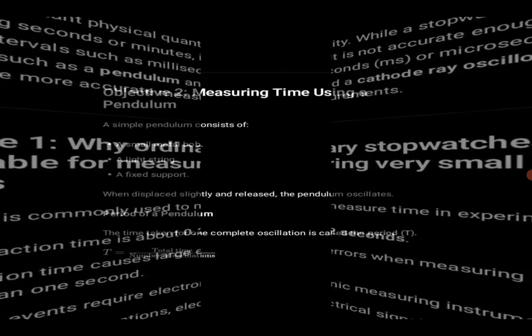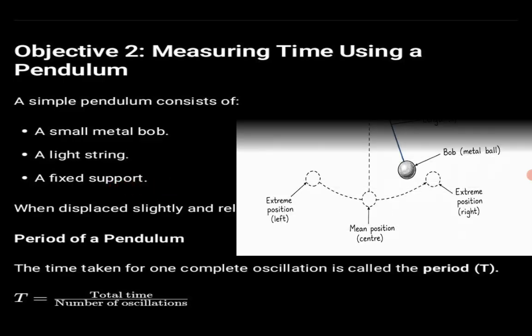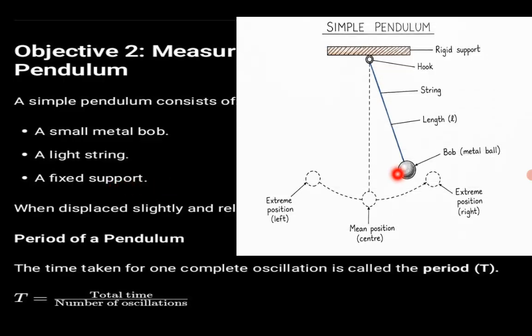Welcome, learners. So let's explore measuring time using a pendulum. A simple pendulum consists of a small metal bob, a light string, and a fixed support. This is what a pendulum looks like.